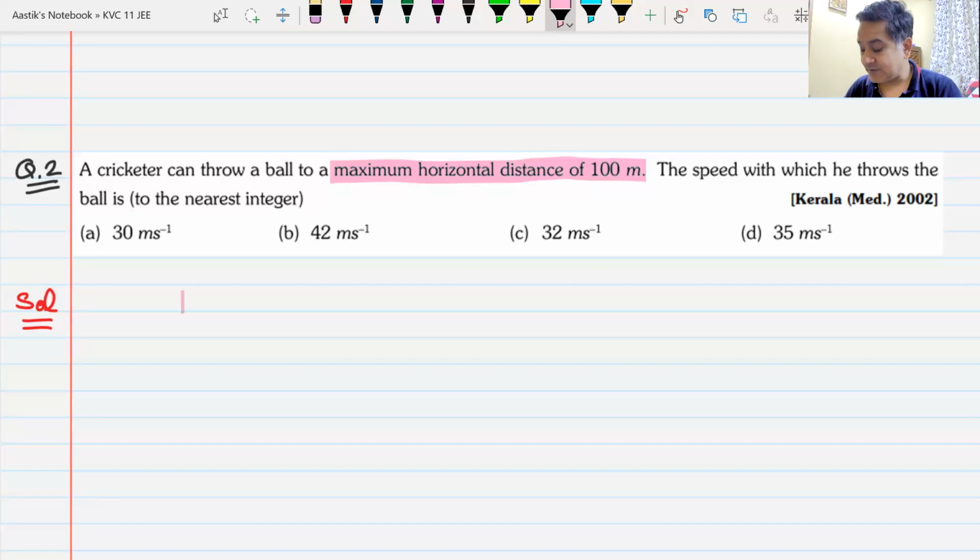We don't know when the range is maximum? Is that so? Anyone knows when the range is maximum?